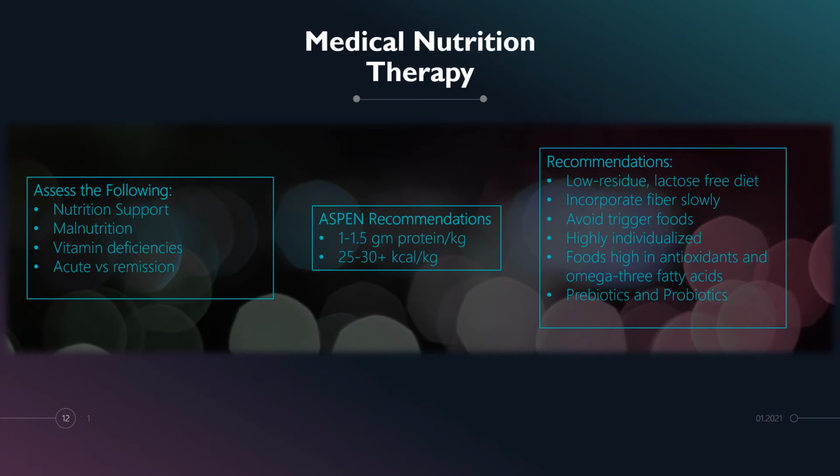So it's important to really assess these types of things. So ultimately, the first line of defense that you're going to see is the need for nutrition support. Nutrition support is routinely required during periods of an acute flare-up.